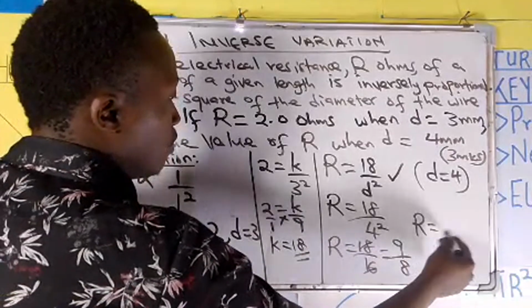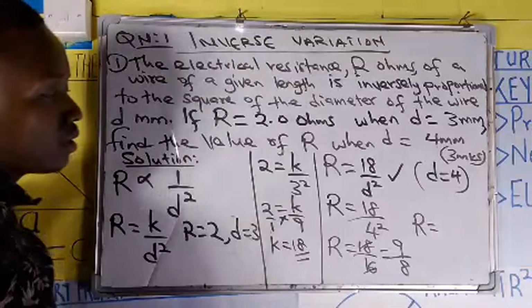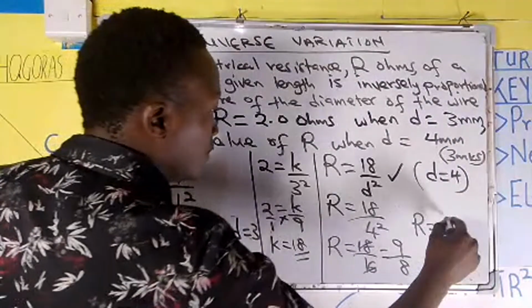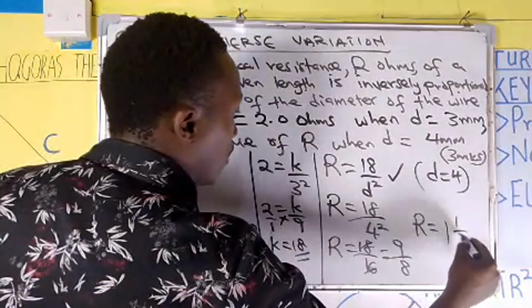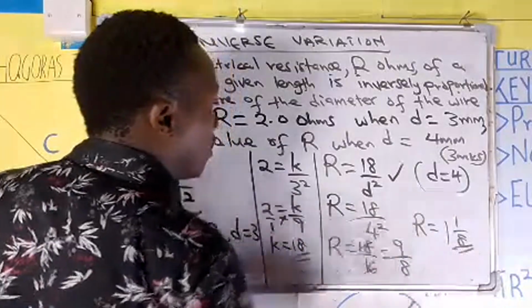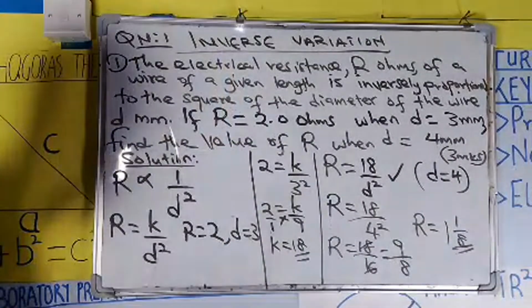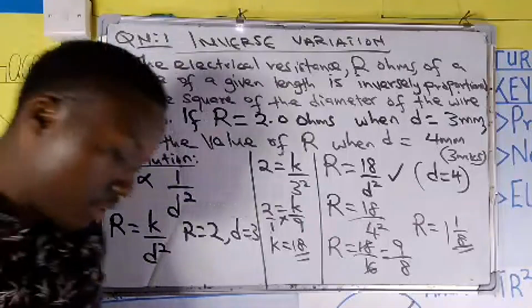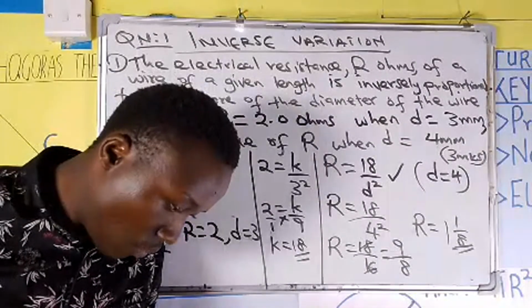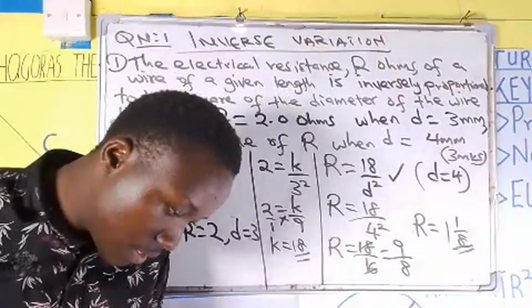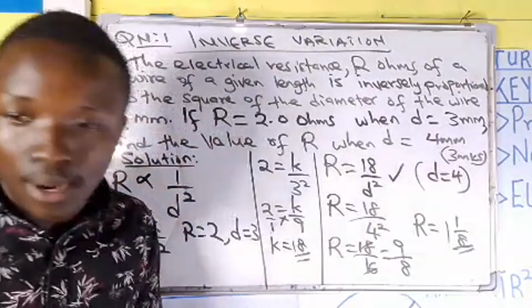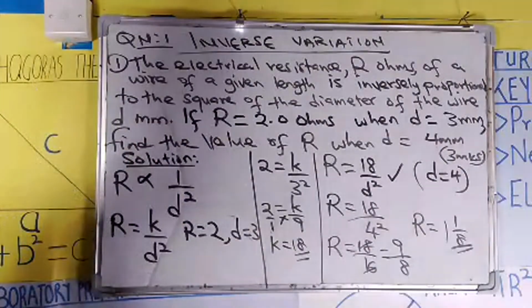So our R is going to be 9 over 8 ohms, or 1 whole 1 over 8 ohms.